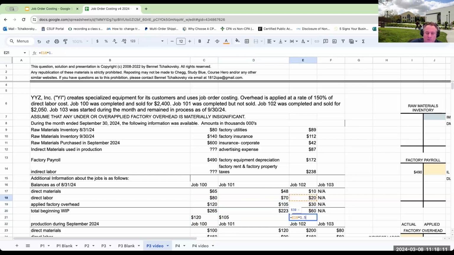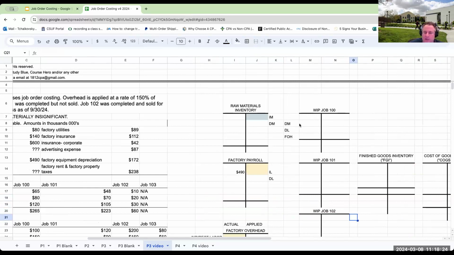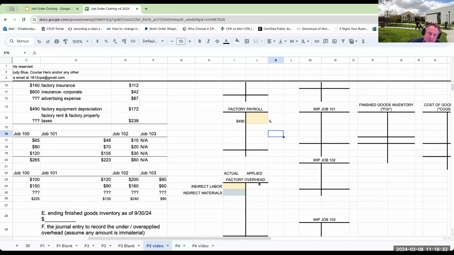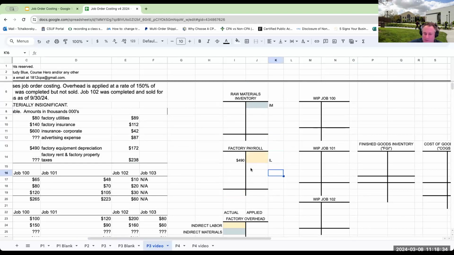The 20 times 1.5 is 30, right? So that's what we mean by using a 150% rate. Okay, so that's one of the bigger differences, but a lot of the things we're going through here are going to be relatively the same, except for at the very last part, but we'll get to that a little bit later.